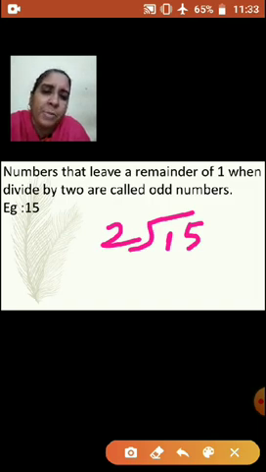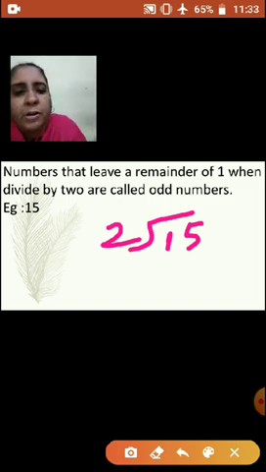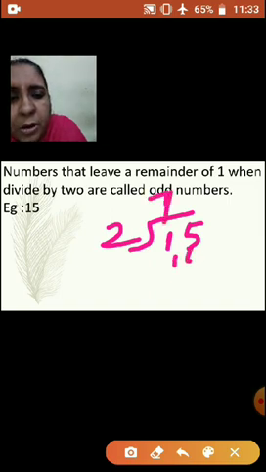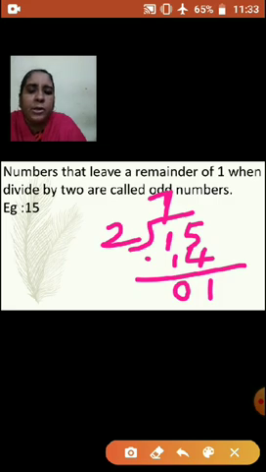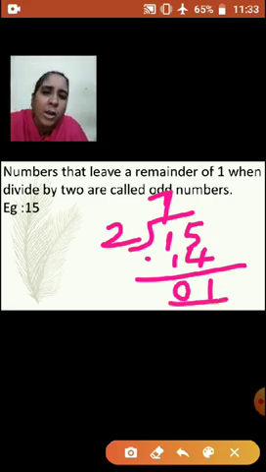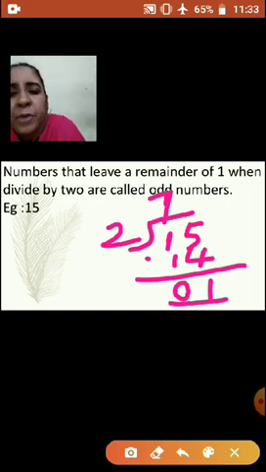We will take a number less than 15. So we will take 2 sevens are 14. So here 5 minus 4, 1. 1 minus 1, 0. So here what is the remainder you got? 1.